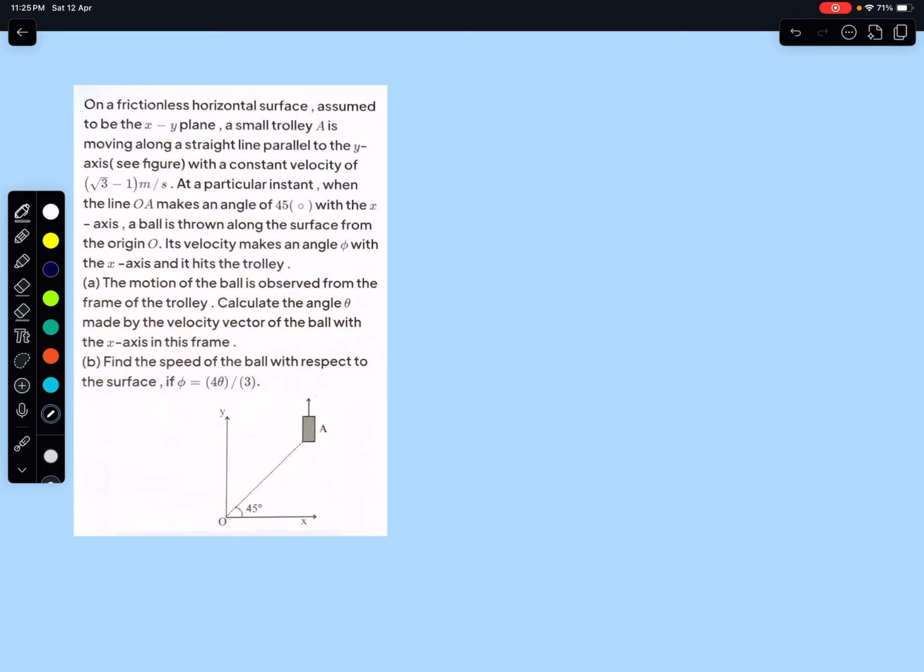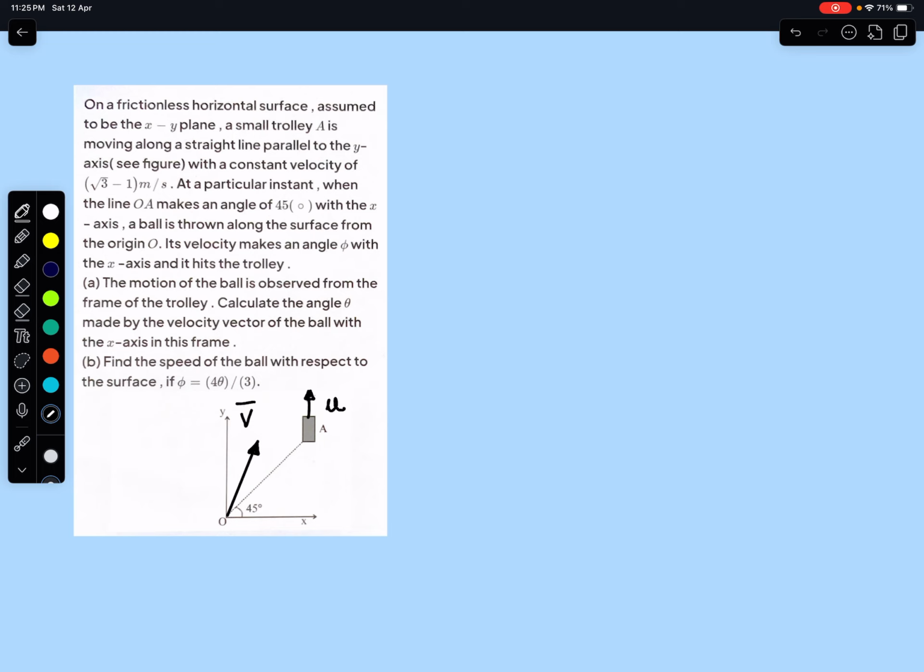If its velocity makes angle phi with the x-axis and hits the trolley, that means phi is obviously greater than theta. This phi, this is the velocity vector v, and suppose this velocity is u.